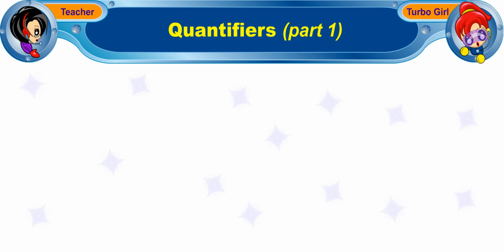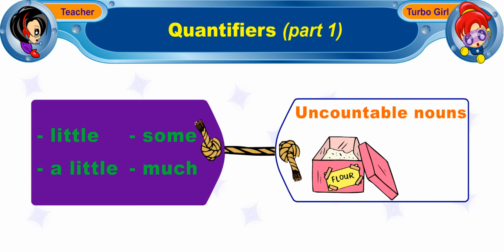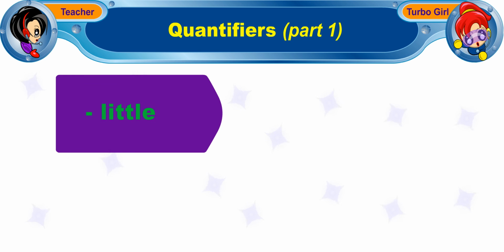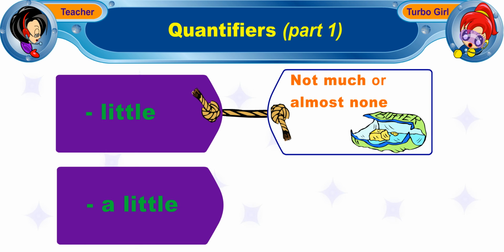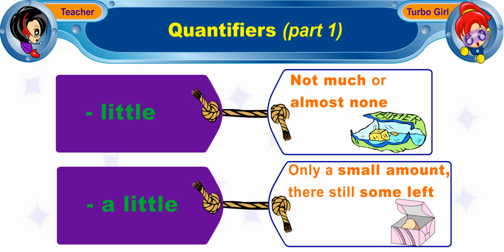We use the quantity words little, a little, some, and much when we are talking about uncountable nouns. We use the quantity word little because we want to tell people that there is not much or almost none of something. We use the quantity word a little when we want to show that there is still a small amount of something.